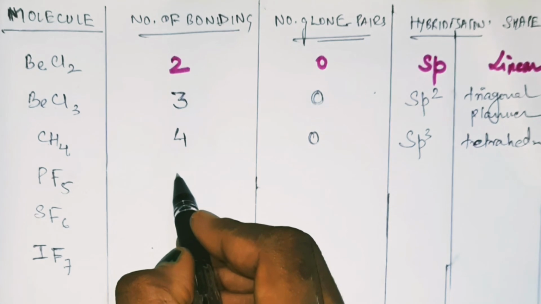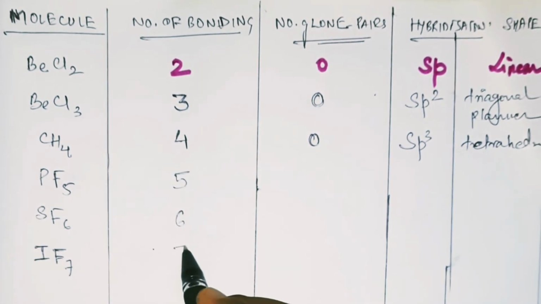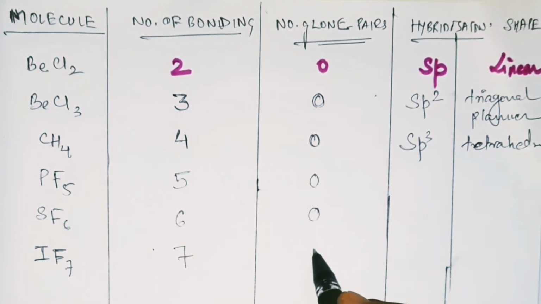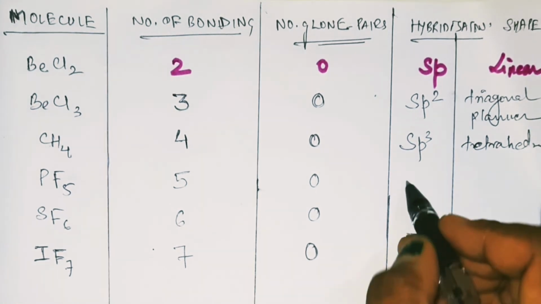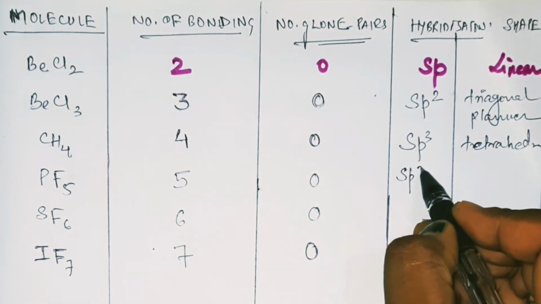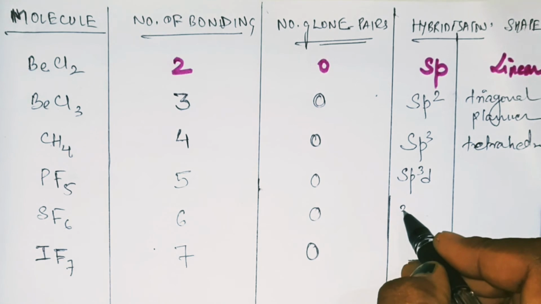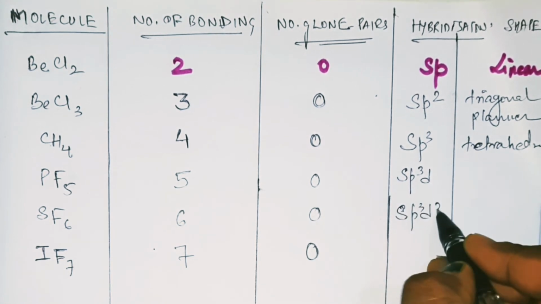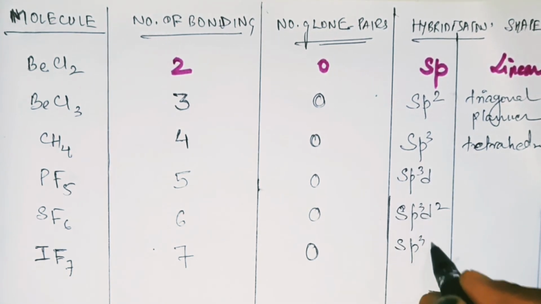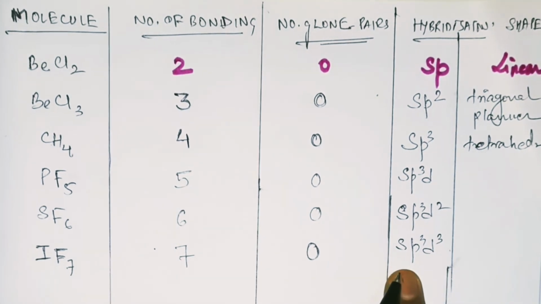Now this is PF5, 5, this is 6, and this is 7. Again there is no lone pair, so these are all 0. This is your sp3d, this is sp3d2, and this is sp3d3 whenever it is 7.